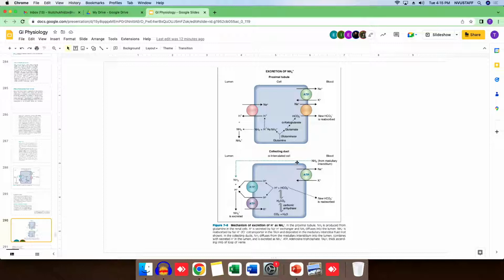And as you see, from the medullary interstitium we have diffusion of NH3, and they combine together and we have the excretion of NH4. On the other side, we have diffusion of bicarbonate and the sodium potassium pump working as always.